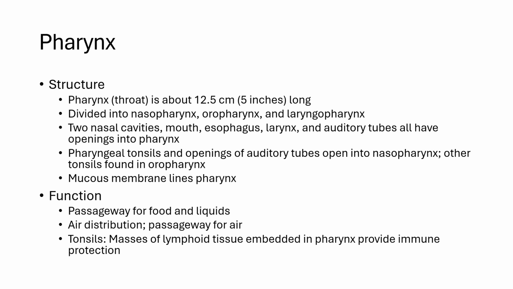So like I said, your pharynx is basically just your throat, and it has these different openings that allow air distribution as well as being the home of your tonsils.